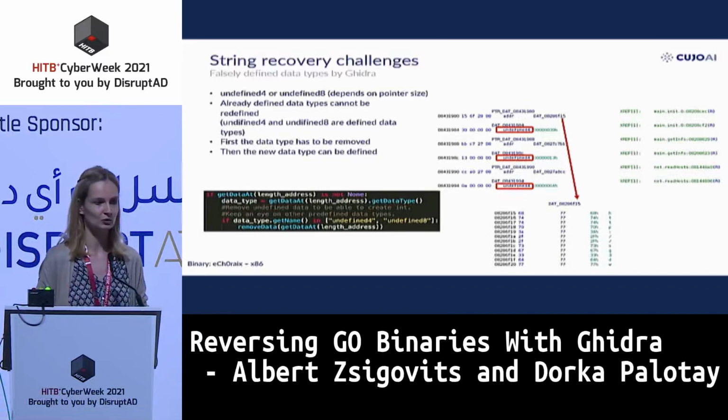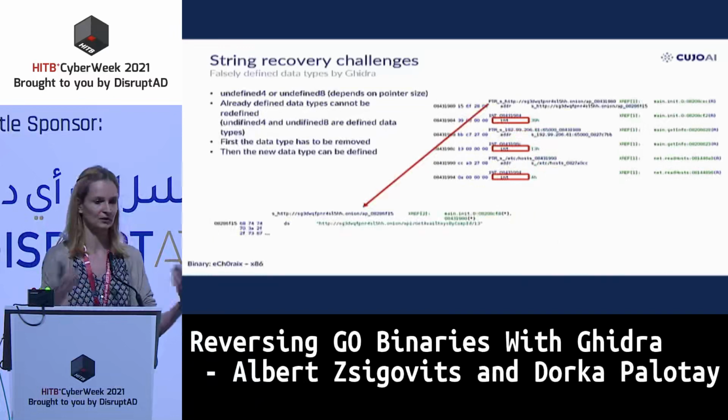So if we want to create an integer there, we first have to remove the undefined data type, and then we can create the integer. Here, for example, our script would fail because I cannot create integers and pointers, since there is already something else there. But if we first remove the something else, then it will be easy to create what we need.